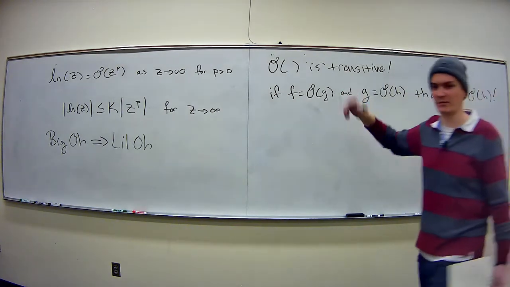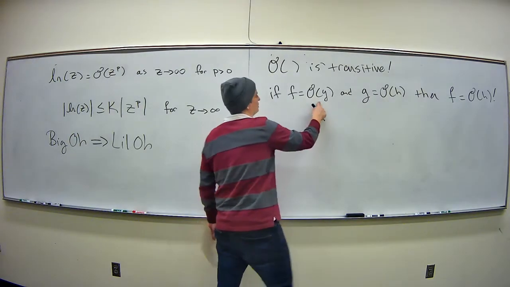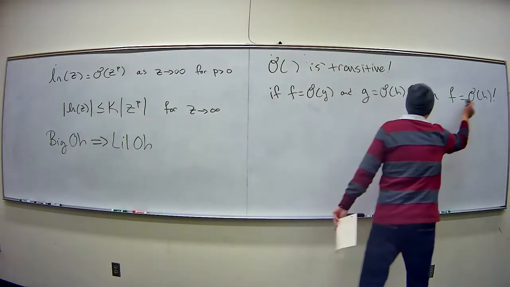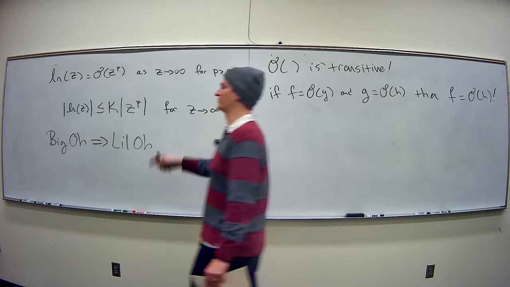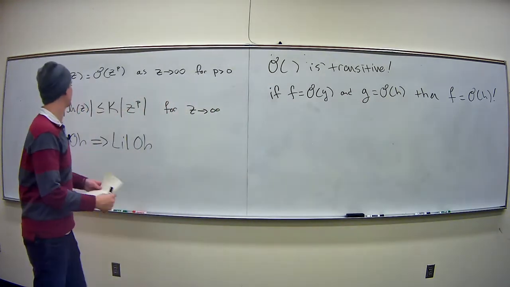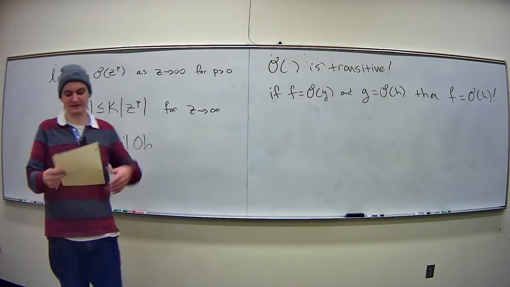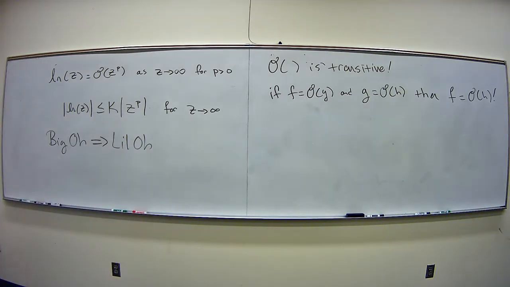You get a transitivity property: if f is the order of g and g is the order of h, then f is the order of h. And that's also just by combining these existence of constants which bound the function.